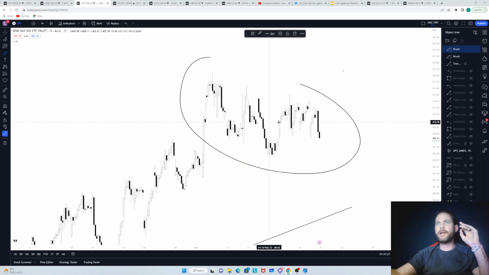So in this particular area right here, what I'm looking to capture is my swing low and my swing high.